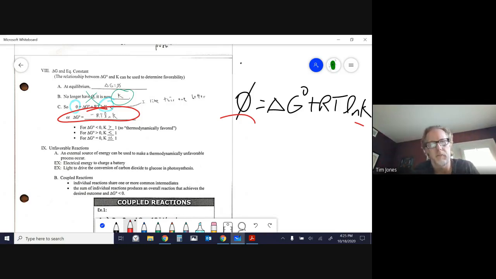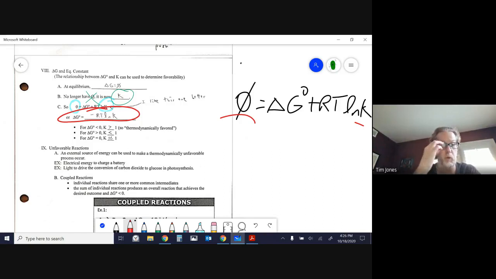This version is given in the equations for the AP exam. And I'm not as much of a fan of this version because it's a modification of the other equation. I would rather you be given the other equation and you need to know how to modify it. But I don't make the decision on what goes on that sheet.